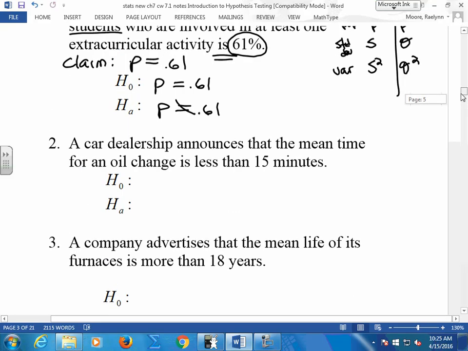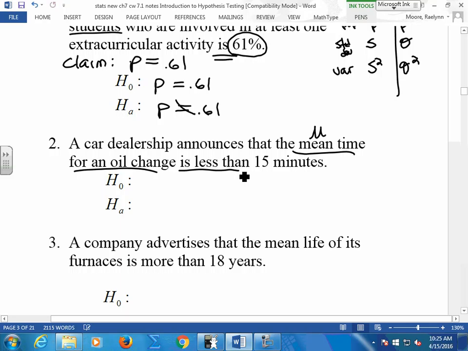Okay. A car dealership announces that the mean time for an oil change for all of their oil changes, so mean from the population, is less than 15 minutes. So here's my claim. I'm the car dealership.